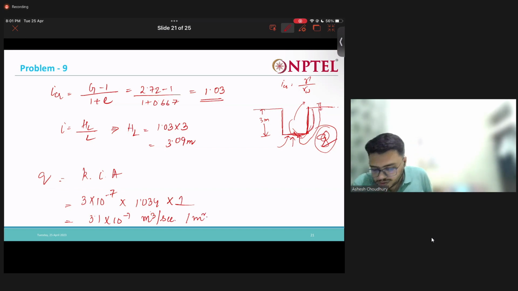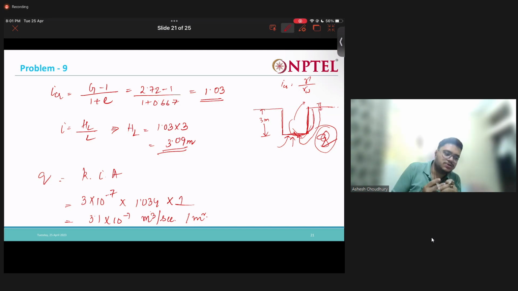So this flow will be required to cause the quicksand condition. Also, if a head of 3.09 meter is there, that will cause a quicksand condition, which means the effective stress will be zero at that point.